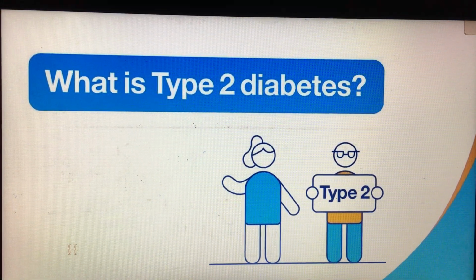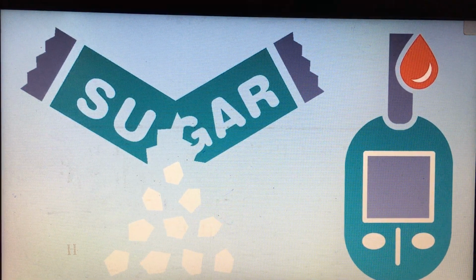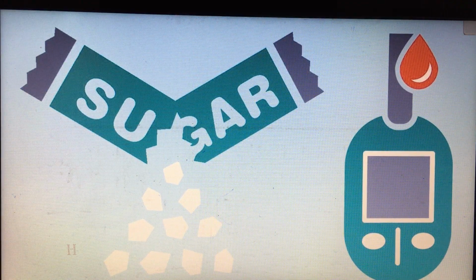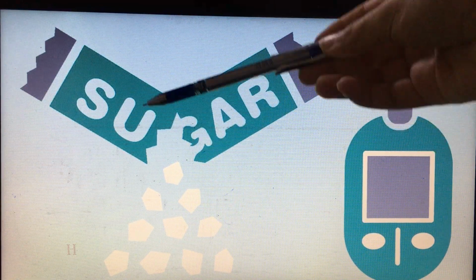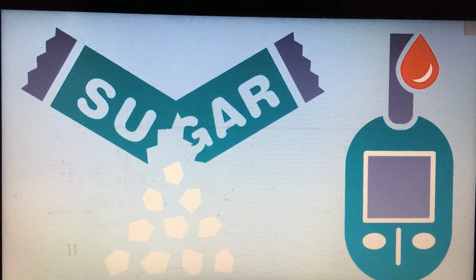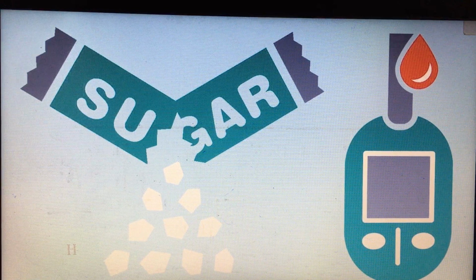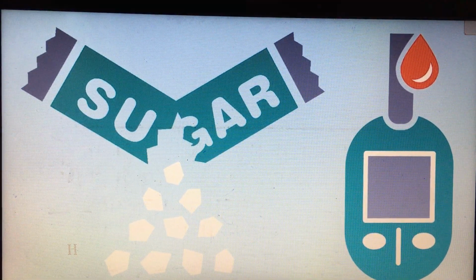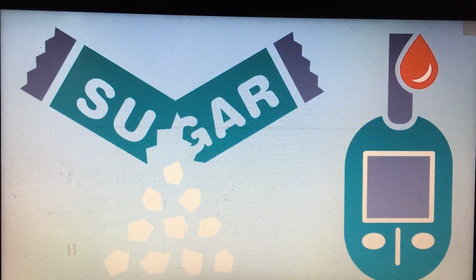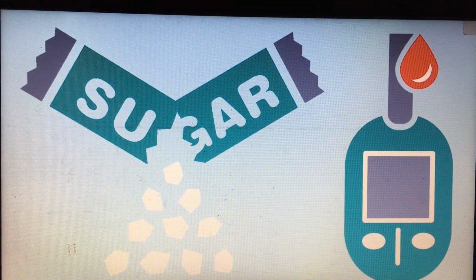Now focus please. You have to know that diabetes means increasing the amount of sugar in the blood. So again, diabetes means increasing the amount of sugar in the blood. If you eat too much food without exercising, that will increase the amount of sugar in the blood.